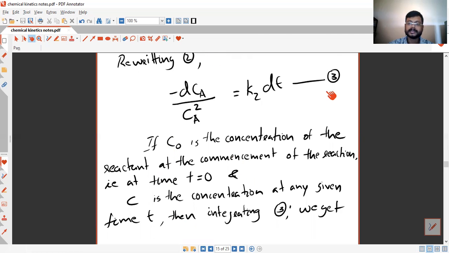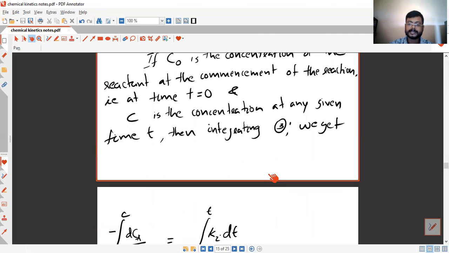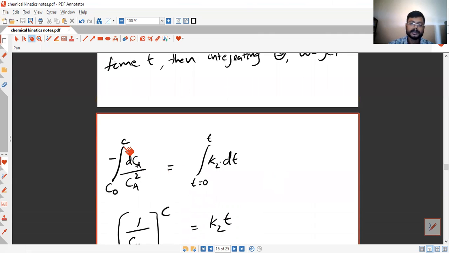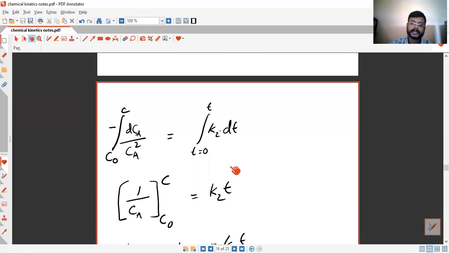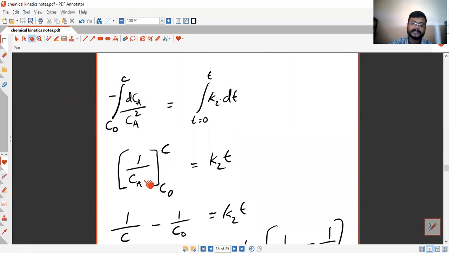Then integrating equation 3, we get minus the integration from C0 to C of dCA by Ca square is equal to the integration from 0 to t of K2 into dt. We get 1 by Ca, the integration of dCa by Ca square, from C0 to C with the limit, equal to K2 into t.